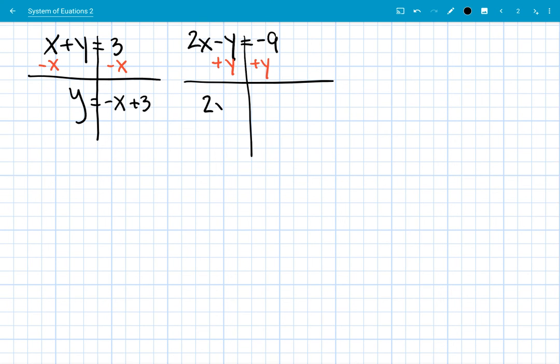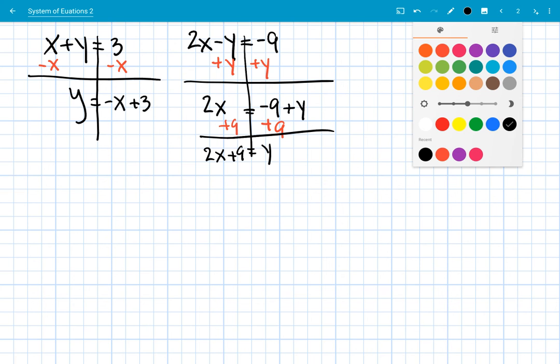That's going to get me that 2x is the same thing as a negative 9 and a positive y. So we'll add the 9. Boy, it's really laggy today. And that's going to get me that y equals 2x plus 9. All right, so now these are my two equations for my system.